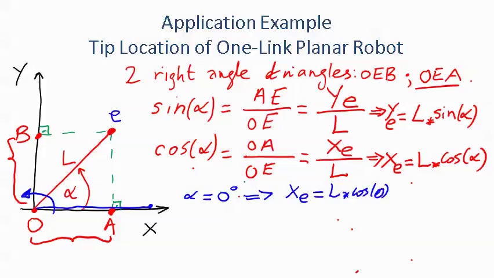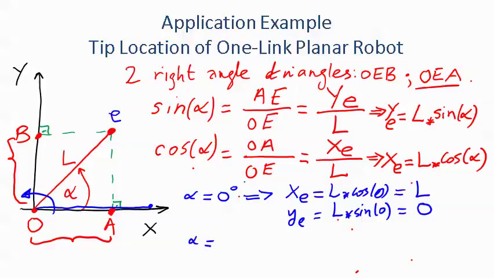But we know that cosine of 0 degrees is equal to 1, so it's going to be L. And YE is equal to L times sine of 0 degrees. Sine of 0 degrees is 0, so this gives us a y coordinate of 0. And if we draw this, it does make sense. We are having a distance along x.